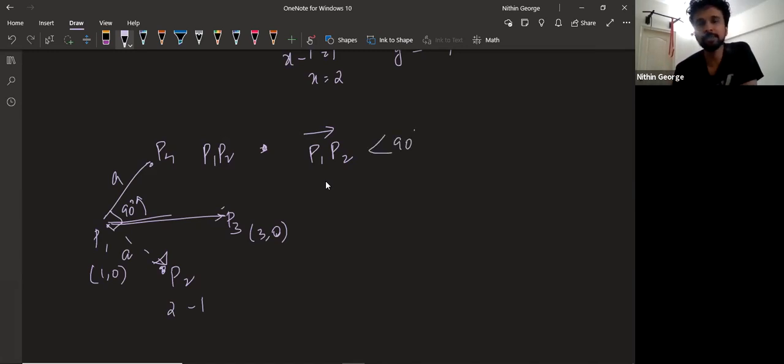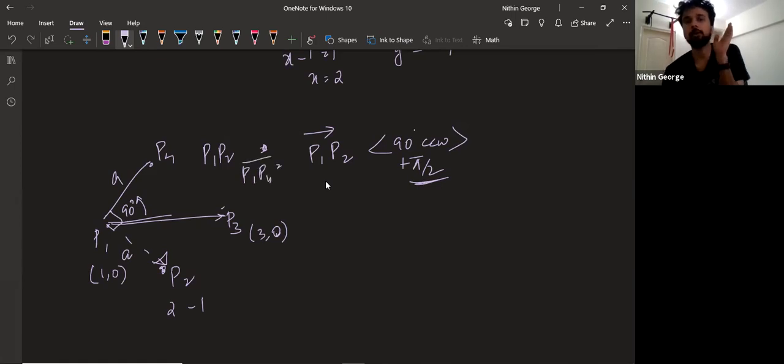Counterclockwise, right? So basically, plus pi by 2 radians, you rotate this. Is this much clear? How we move from P1, P2 to P1, P4? P1, P4 is P1, P2 rotated clockwise, sorry, counterclockwise, pi by 2 units.